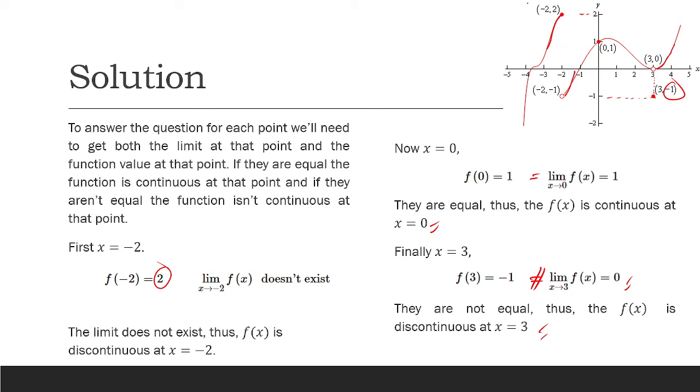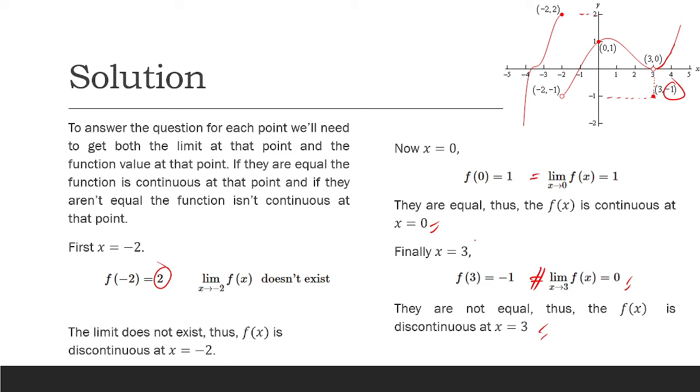Ganun. Now, for x is equal to 0, ganun din. Try natin i-trace. I-trace natin na madadaanan natin yung x is equal to 0. Now, can I trace it at hindi ako lalagpas sa 0 or hindi aangat yung lapis ko? Yes. So, hindi ko inangat yung stylus ko, nadaanan ko yung x is equal to 0. So, therefore, the function is continuous at that value of x.